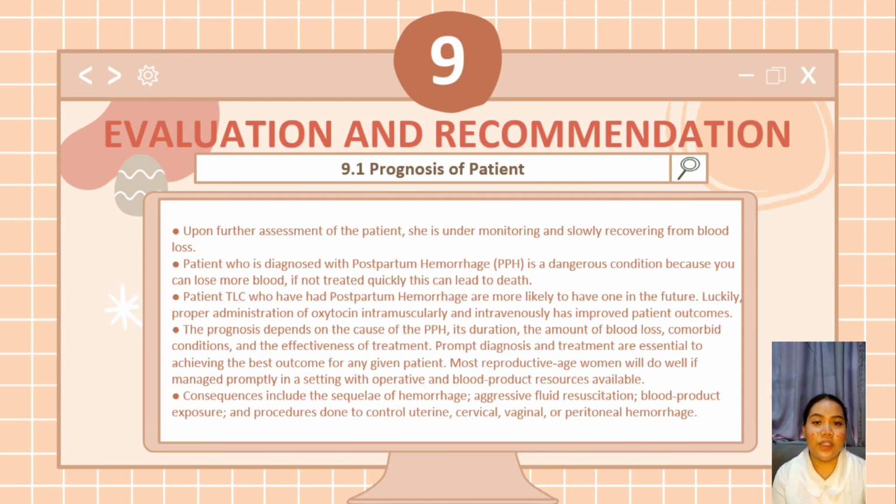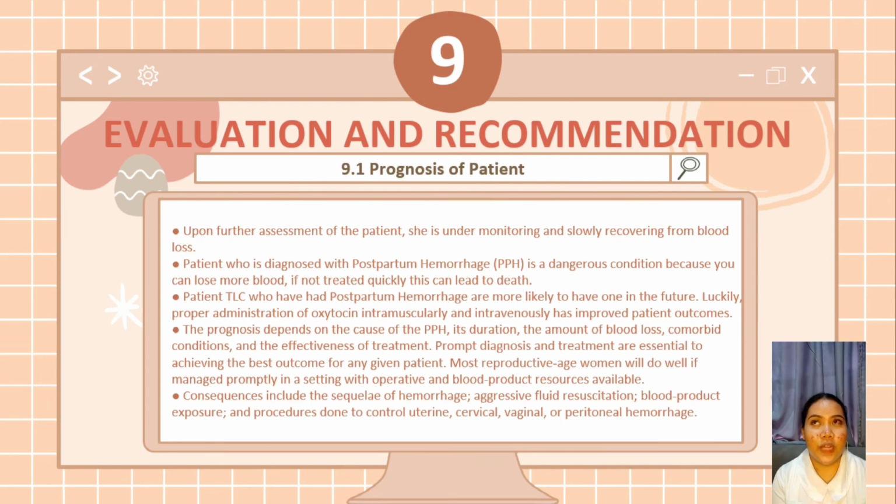The prognosis depends on the cause of the PPH, its duration, the amount of blood loss, comorbid conditions, and the effectiveness of treatment. Prompt diagnosis and treatment are essential to achieving the best outcome for any given patient.